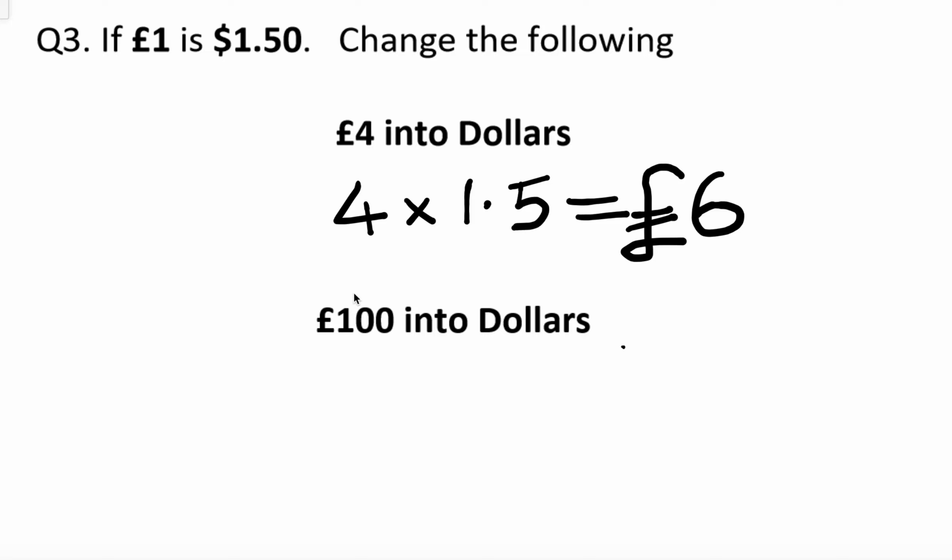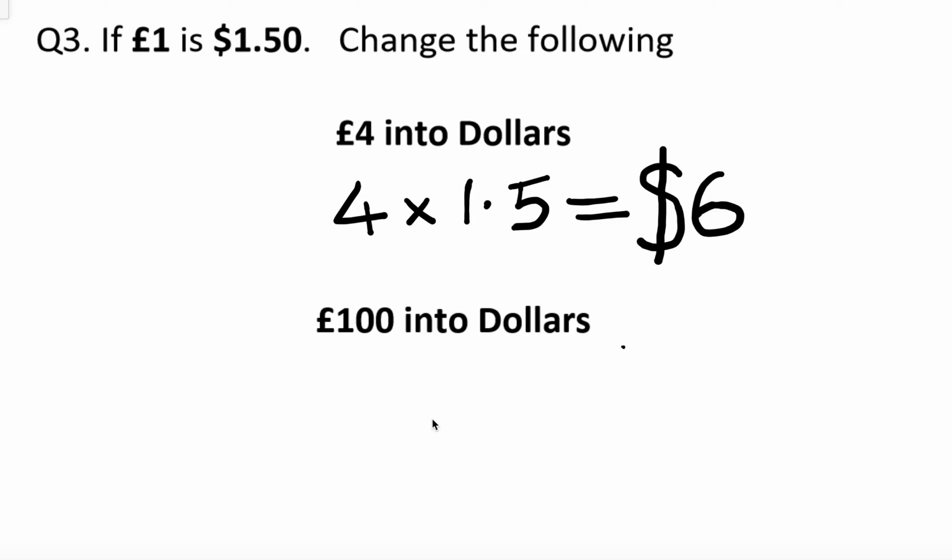The unit actually is $6. So if I'd done that in the exam and put £6, I wouldn't have got the mark. So it's remembering what the units are. We started off with £4 and we wanted it in dollars, and the actual answer is $6. So even the teacher can get it wrong.